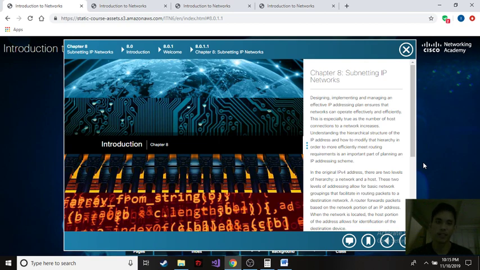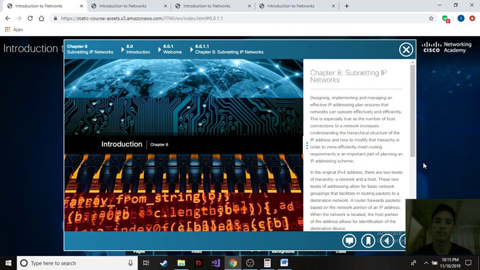Chapter 8 in the NetAcad, which is entitled Subnetting IP Networks. Designing, implementing, and managing an effective IP addressing plan ensures that a network can operate effectively and efficiently. This is especially true as the number of host connections to a network increases.